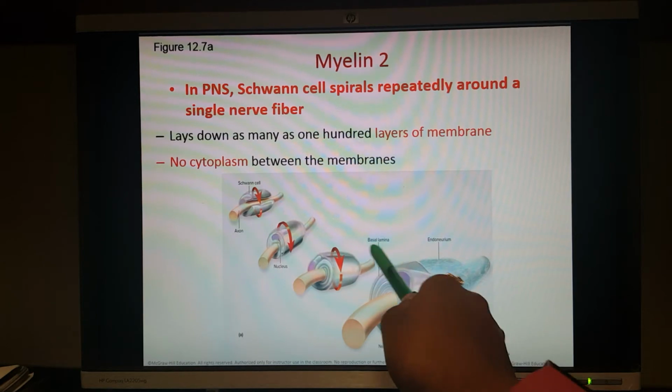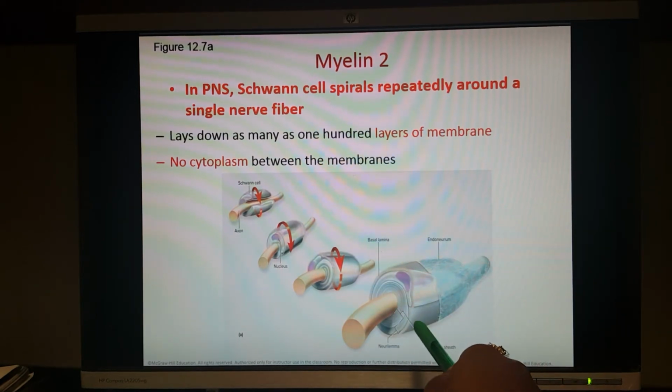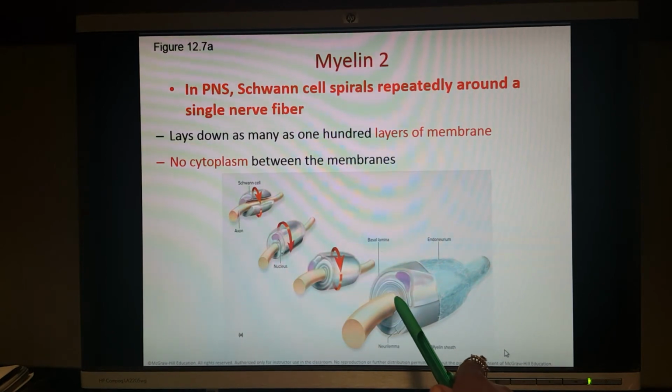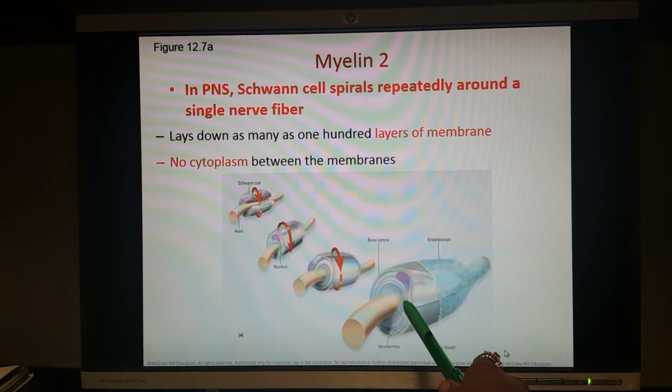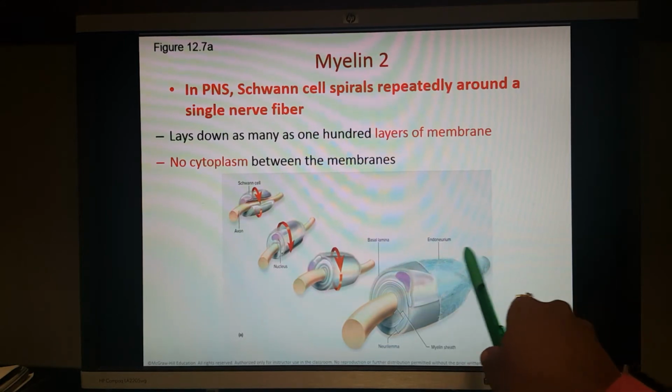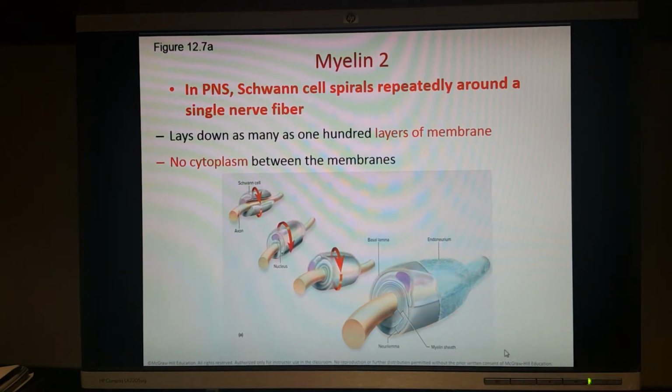As it's wrapping, it's squeezing out the cytoplasm, ending up with mostly lipids here, basically cell membrane and proteins, making multiple wrappings around your axon. So this helps to protect it as well as increases the speed, which I'll show you next. All of this is wrapped in endoneurium, just another connective tissue protective wrapping like most of the stuff in your body.